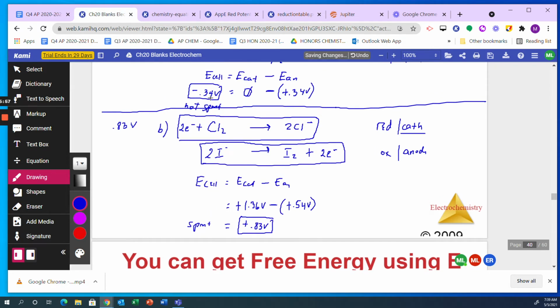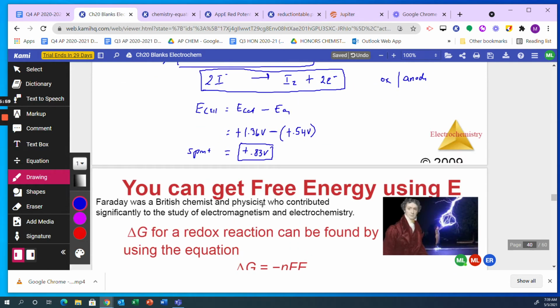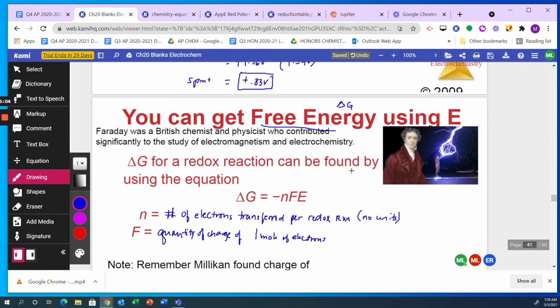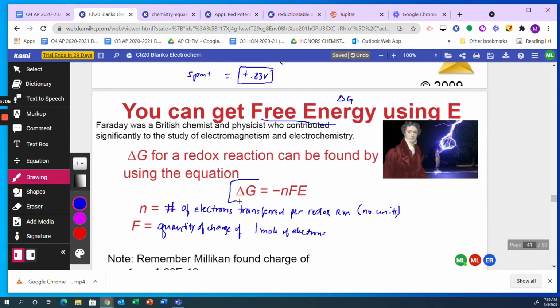Now that you have the voltages, you can actually calculate the free energy. So free energy, remember, is delta G, and the formula is given here. So all you have to do is plug in the voltage that you get, the 0.83 volts right here. And then F is Faraday's constant.